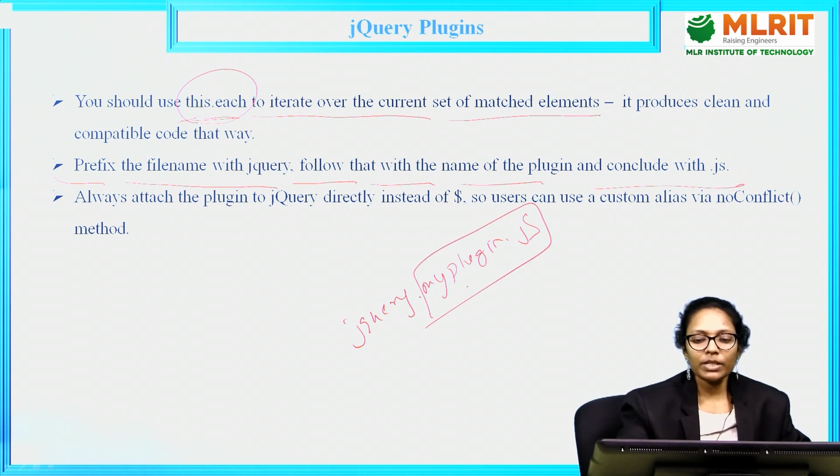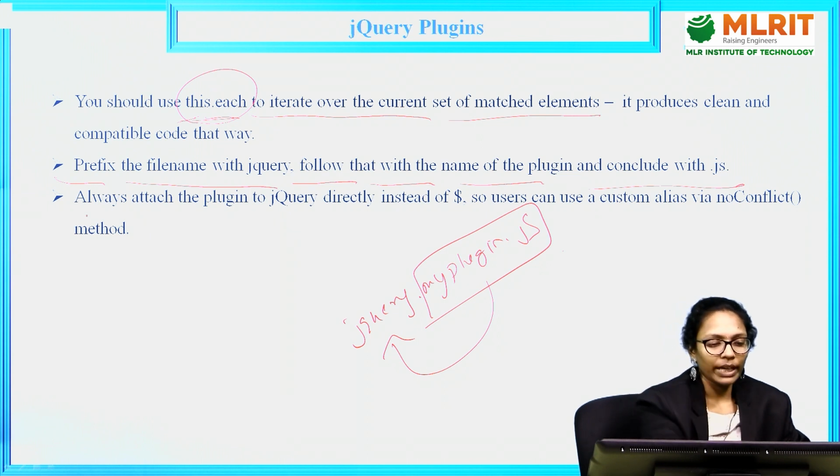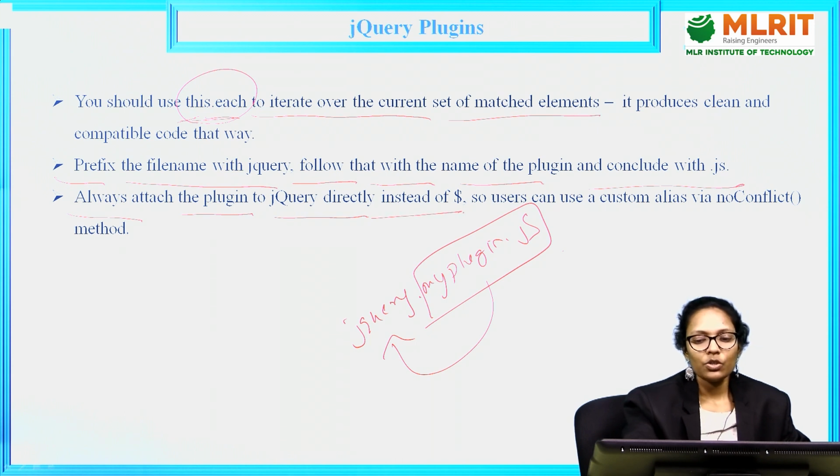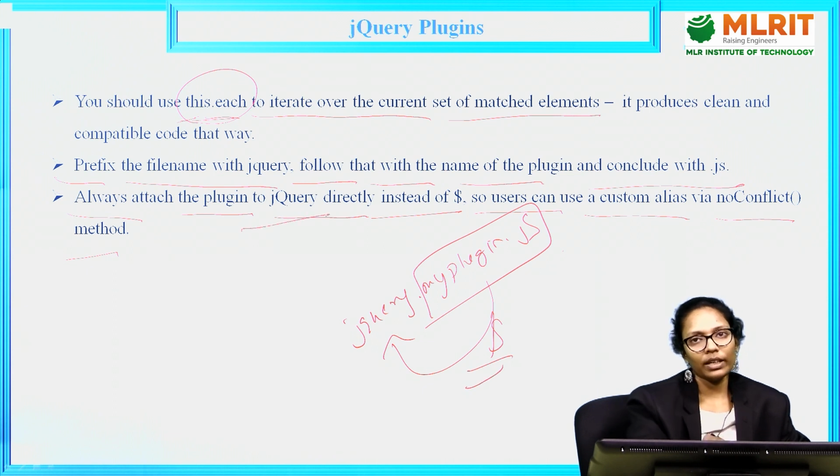My file name is myplugin.js, but try to include the prefix jQuery dot. And always attach the plugin to jQuery directly instead of $, so the user can use a custom alias by the noConflict method. We know jQuery is indicated by $, but instead of $, try to use jQuery everywhere in your plugin.